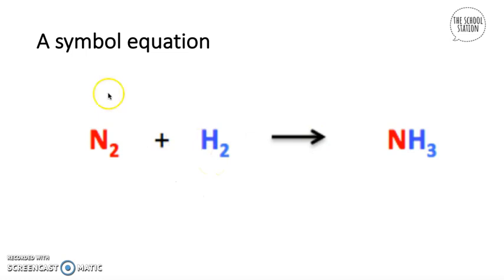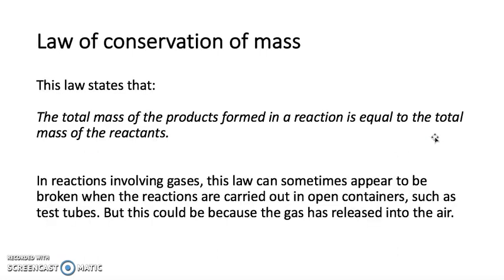So in this reaction, we start off with 2 nitrogen atoms and 2 hydrogen atoms, but it turns into 1 nitrogen atom and 3 hydrogen atoms. You might be wondering, wait a minute, shouldn't we have 2 hydrogen atoms and 2 nitrogen atoms at the end of the reaction as well? This is something we're going to be talking about later on in this video.